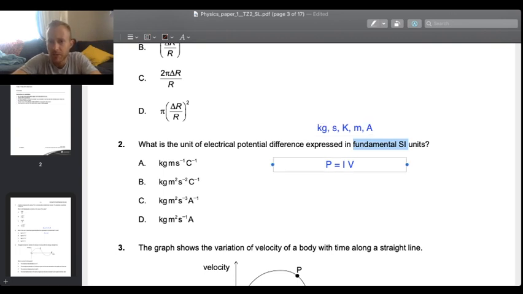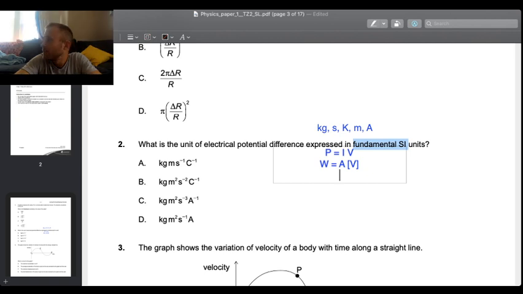We need to express all these quantities in terms of their fundamental SI units. Power is measured in watts, current is measured in amps, and then we have units of volts. We already have amps, which is an SI unit.